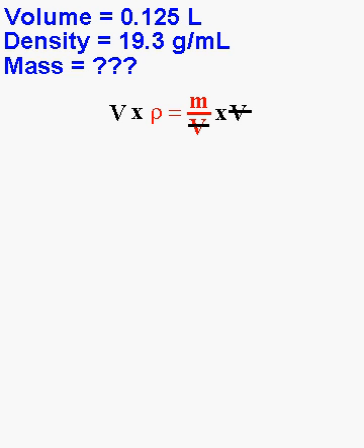However, to be consistent with the rules of algebra, we've also got to multiply the left-hand side of the equation by v as well. So when we do that, v cancels on the right-hand side of the equation, and it appears on the left-hand side of the equation, so I've got v times density equals mass. I'll just flip the equation around, I can do that in algebra, so that it now says mass equals density times volume. That's my equation I can use then to solve the rest of the problem.